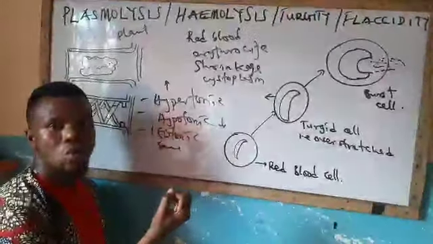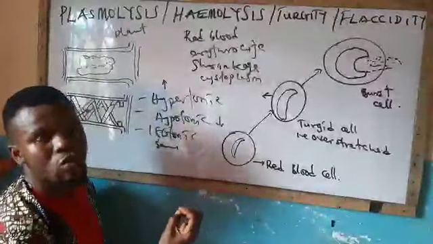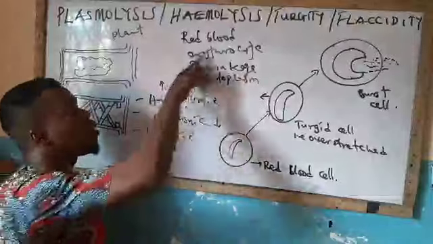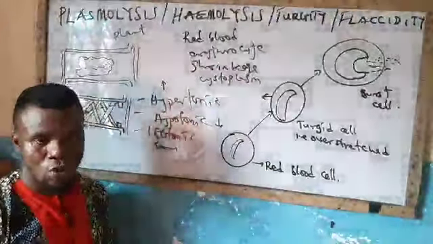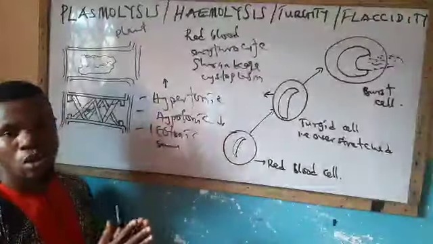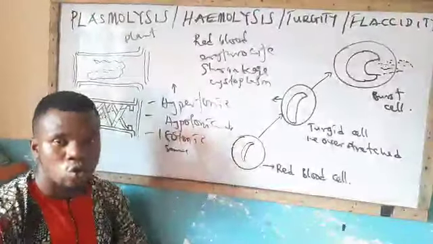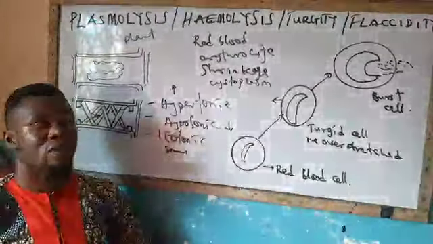The solution loses its water into the cell, because the red blood cell is of higher concentration. Being of higher concentration, it will absorb the molecules of the solution and increase in size.